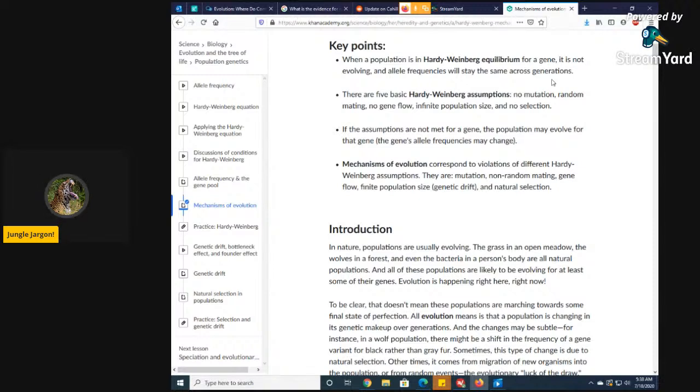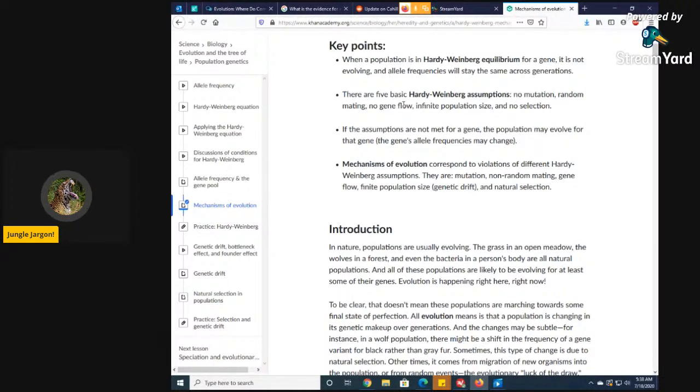I guess you call that homeostasis. A population is in Hardy-Weinberg equilibrium for a gene. It is not evolving, and allele frequencies will stay the same across generations.